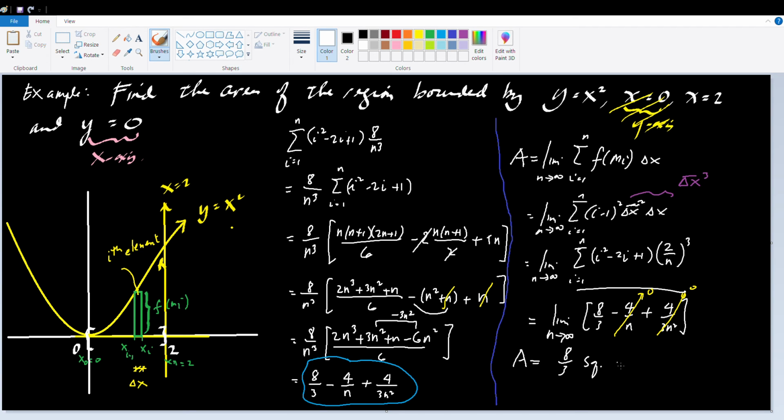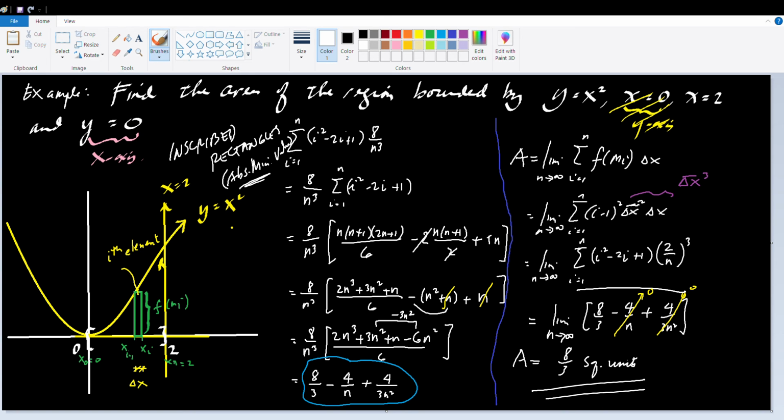Let us write the unit as square units. So that is the area of region R. And in this case, we use inscribed rectangles. We use inscribed rectangles, or equivalently, we use the absolute minimum value.